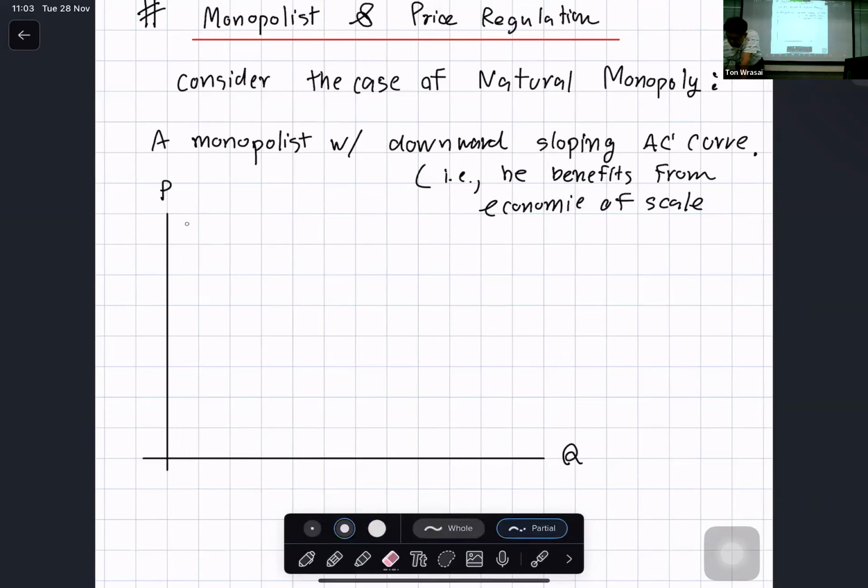And we start with the typical shape of demand curve, downward sloping demand. And next, we introduce AC curve.